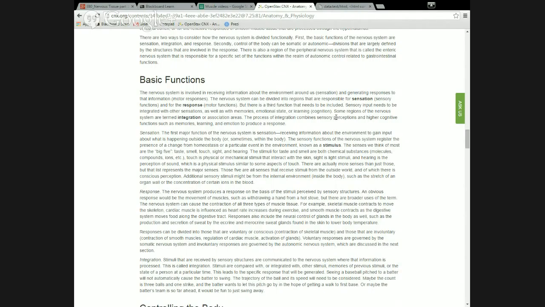The main ones are sensory and motor functions. Okay? Sensory functions are our reception of information from the environment around us. That's a very general definition because there are different levels of sensory processing. There's unconscious or subconscious sensory processing, and there's conscious sensory processing.